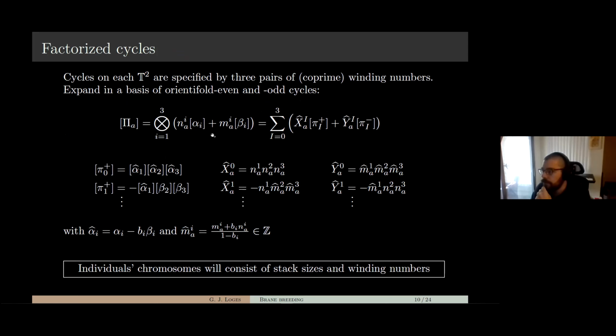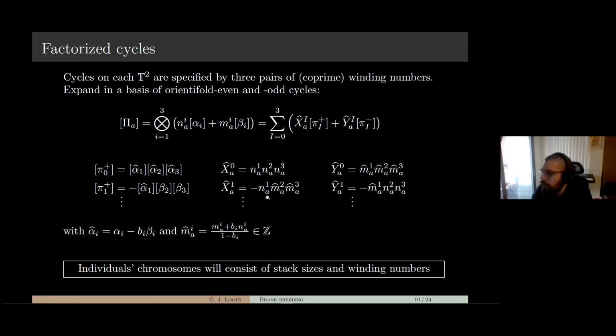So this is some basis using the alphas and the betas, which we can conveniently write in terms of this pi plus and pi minus. These are orientifold even and orientifold odd 3-cycles. And these coefficients x's and y's, which will appear later on, are combinations of winding numbers in these particular ways.